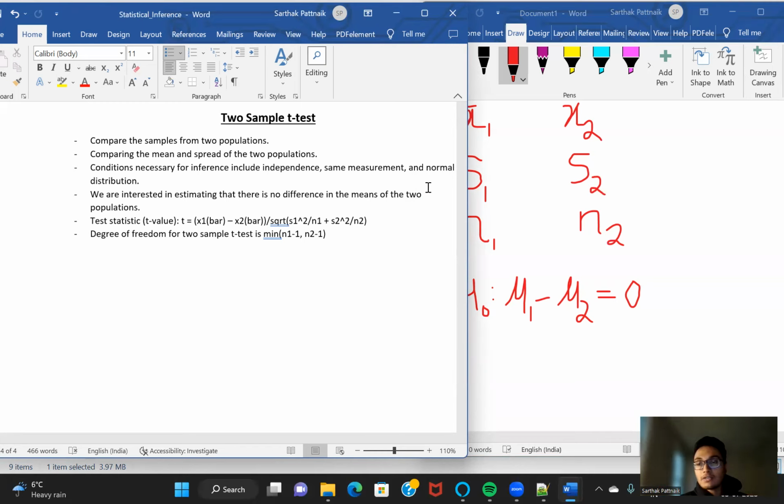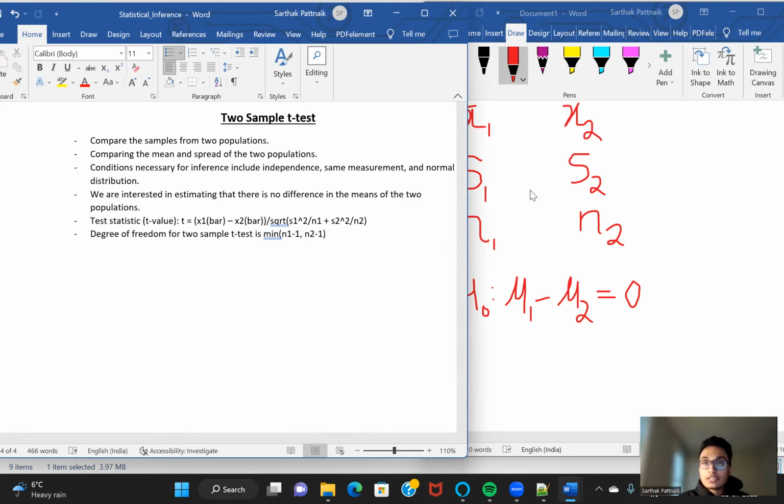And finally, the condition for normal distribution means that the unknown parameters in both the populations should follow either a normal distribution or something very similar, which means t distribution is also allowed. Hence we are studying two-sample t-test. As I mentioned, our null hypothesis is that there is no difference between the means of the two populations. We need to begin from mu1 minus mu2 is equal to 0.